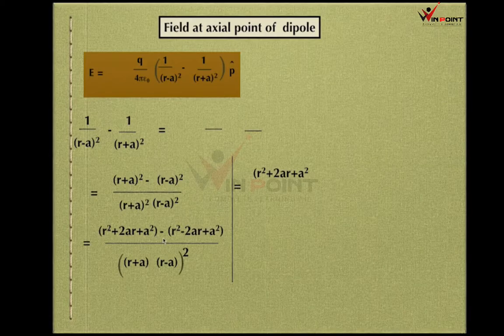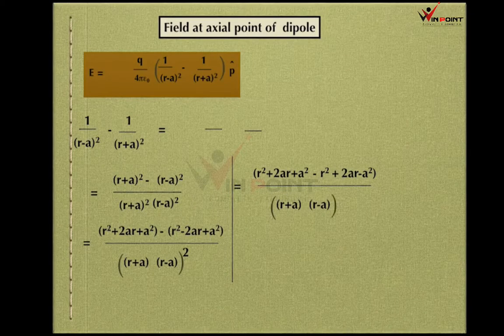And we are going to give this negative sign into the bracket, so the signs we need to reverse: minus r square plus 2ar minus a square, all divided by (r plus a) into (r minus a) whole square.